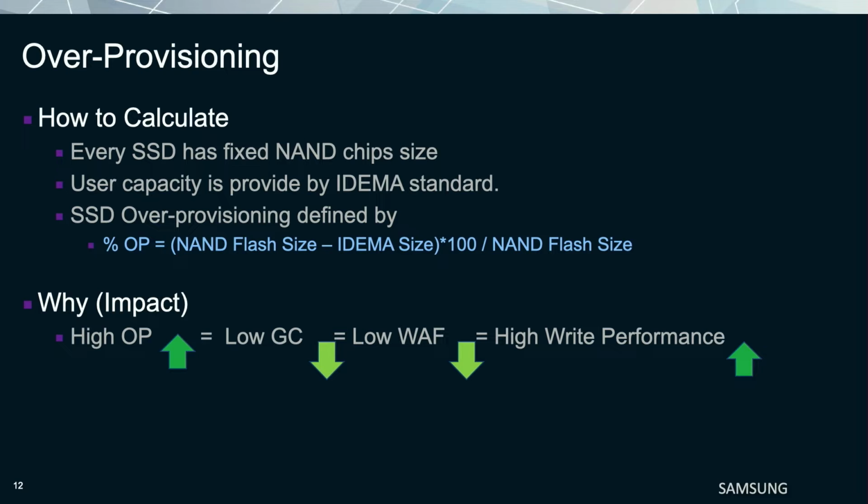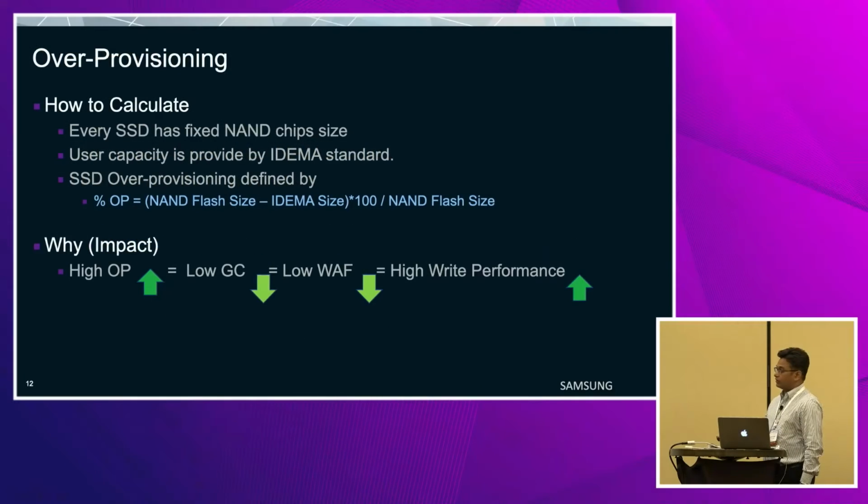So this is the Disk Drive Equipment and Materials Association, which defines what will be the LBA size for any disk. Okay. So let's say we have a 1 TB drive. So the maximum LBA has to be defined based on these standards. Okay. So whatever NAND you have, that doesn't matter.